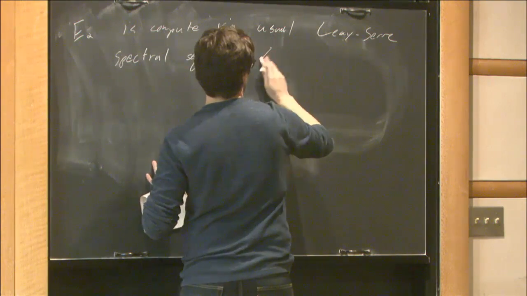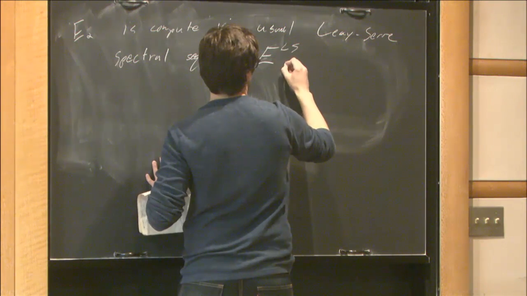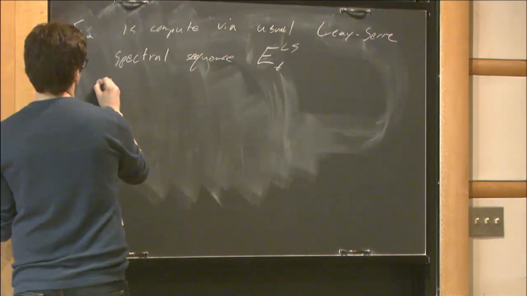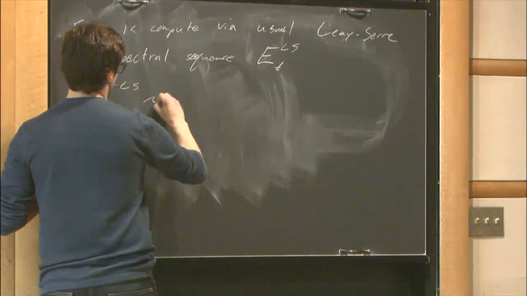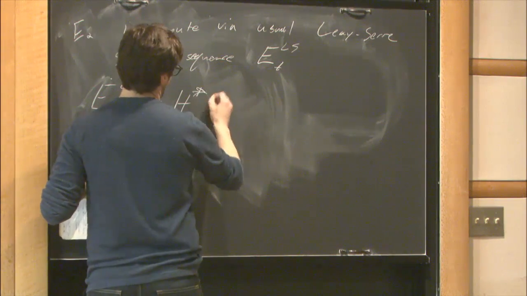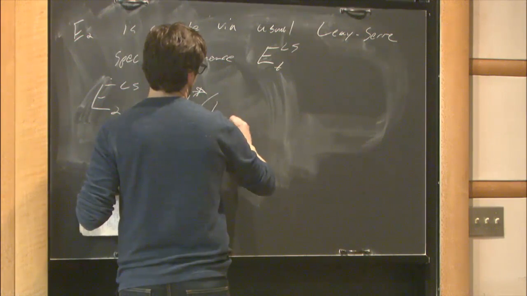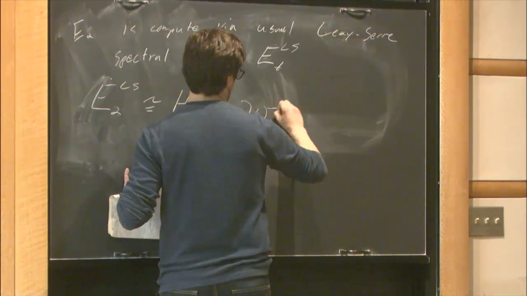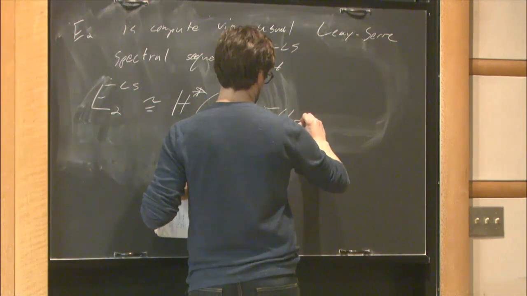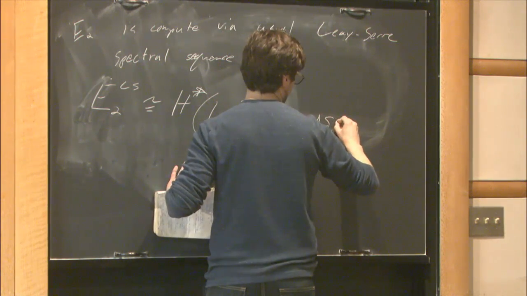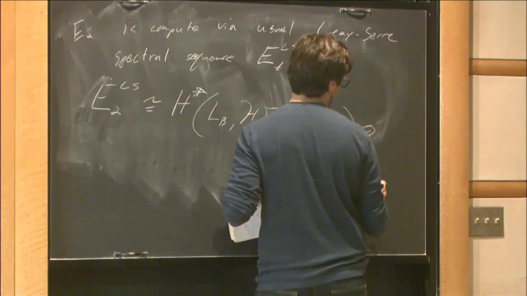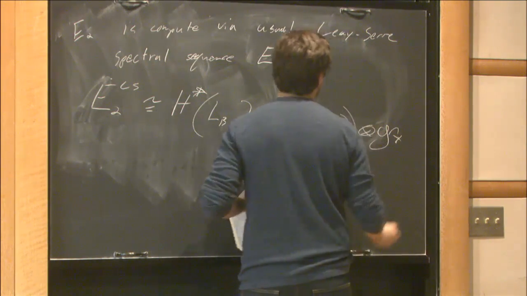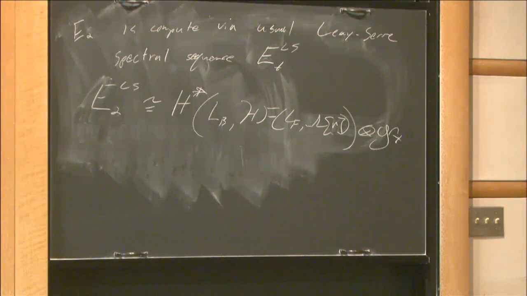We'll say E^LS_t, and then E2 of that is going to be the regular cohomology of the base with coefficients in some local system for the Floer cohomology of the fiber. And then you have some sort of grading arising from the filtration.